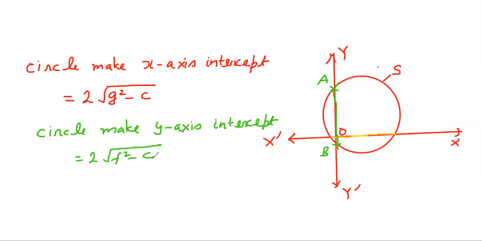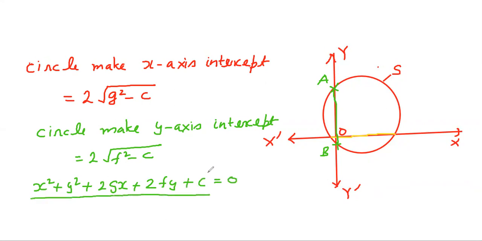Remember always, if the value of c equals 0, then the circle will pass through the origin. In the general equation, x square plus y square plus 2gx plus 2fy plus c equal to 0, if this term c is 0, it means the circle passes through the origin.